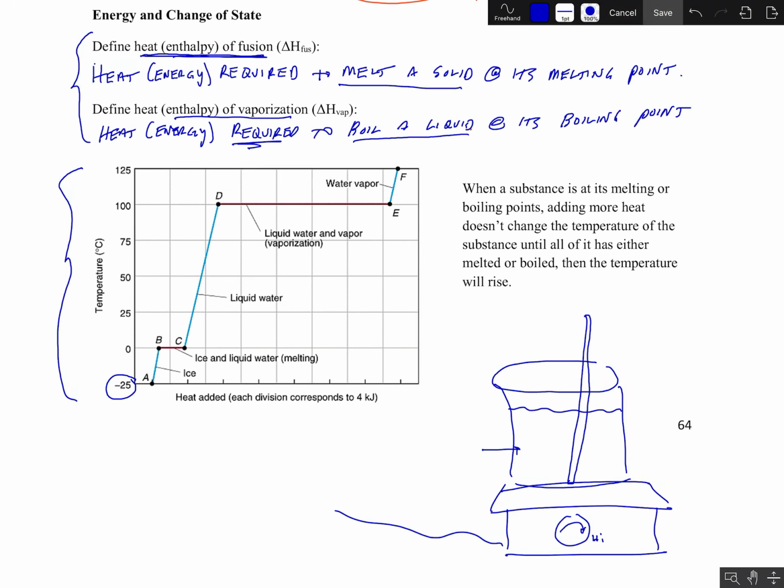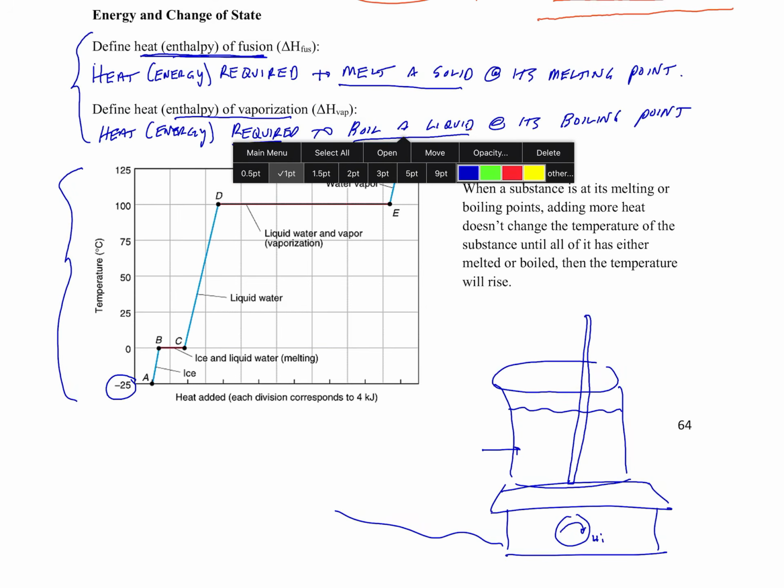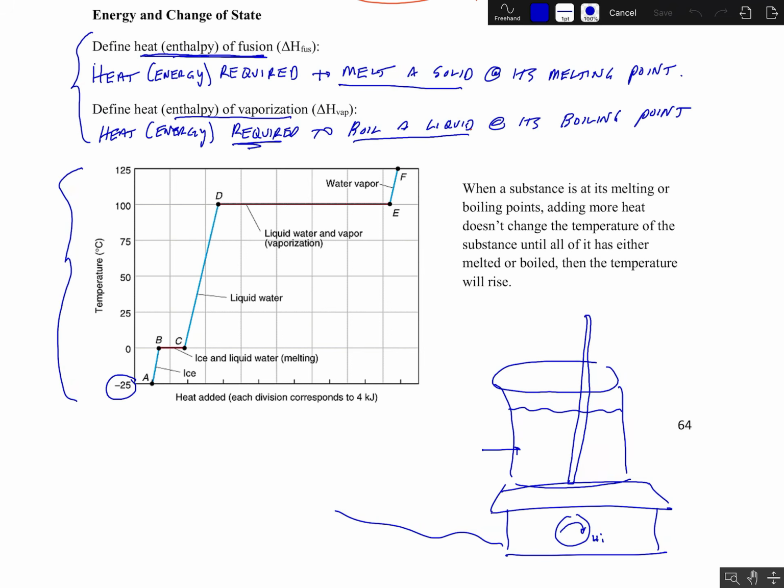So let's go ahead and change the color of our pen here real quick. And here we are on our graph. The temperature begins to increase, and it gets warmer and warmer and warmer until it gets to point B here on my graph. And then you'll notice something. The temperature no longer increases even though you're adding more heat for several minutes.